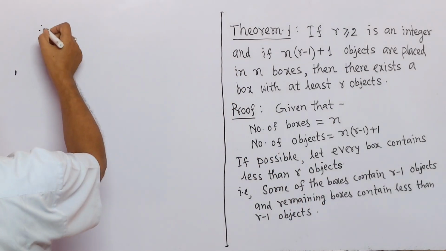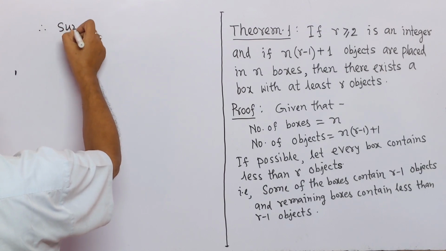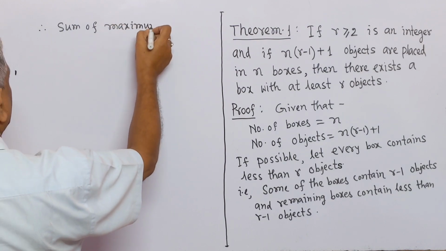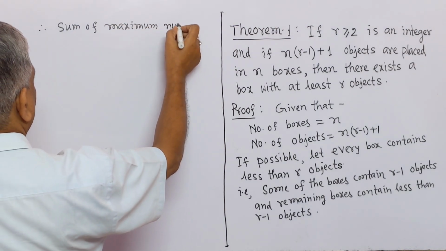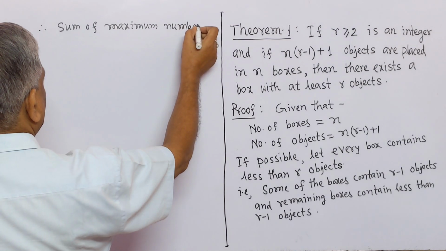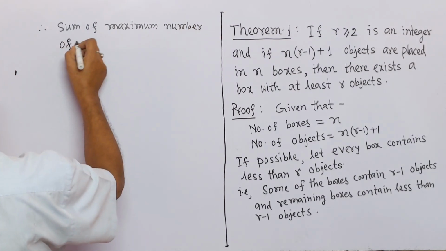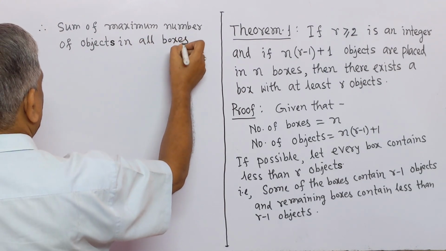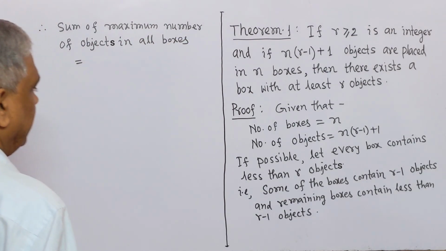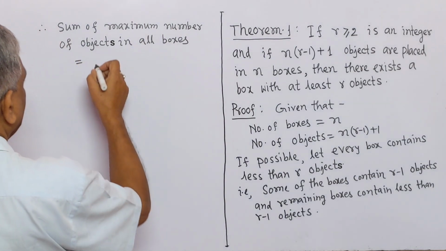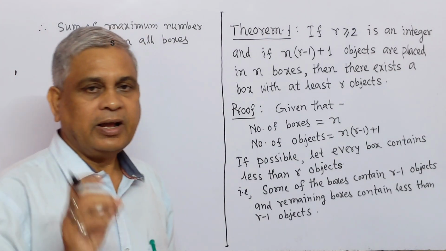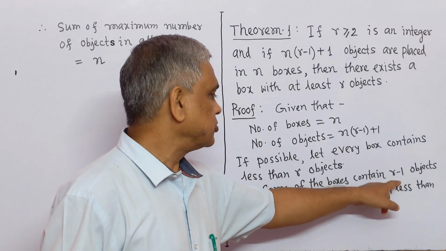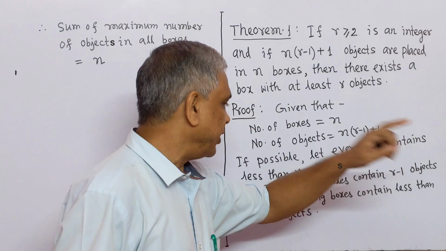Therefore, sum of maximum number of objects in all boxes equal to number of boxes n and maximum number of objects in each box be r minus 1.